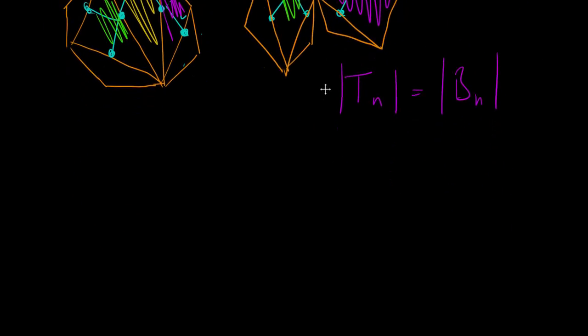We're going to do one more bijection here. And because I've run out of letters, I'm going to use D. And D is the number of rooted trees on n plus 1 polygons. Rooted trees on n plus 1 polygons.